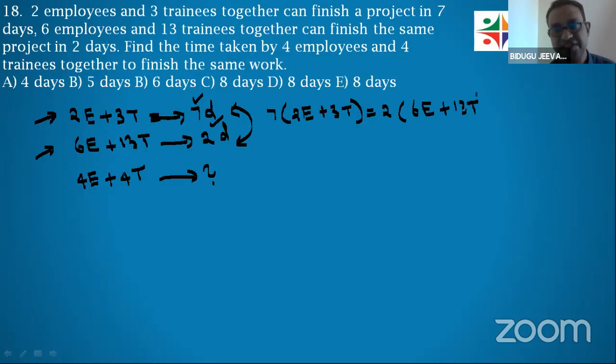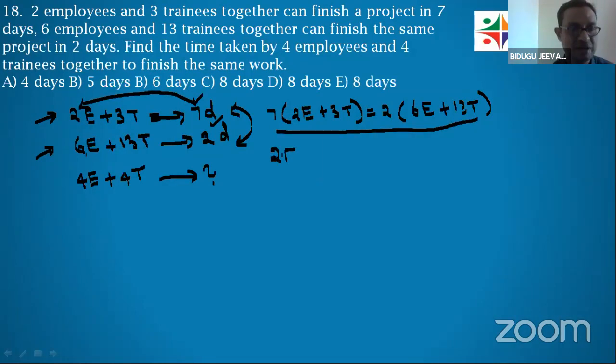If I simplify, I get the answer. Without writing this, I would like to discuss it here itself. 6 2s are 14, 2 6s are 12, 14 minus 12 is 2, 2e, simple. 7 3s are 21, 13 2s are 26, 26 minus 21 is 5, 5t. It is the relation between employees and trainers.